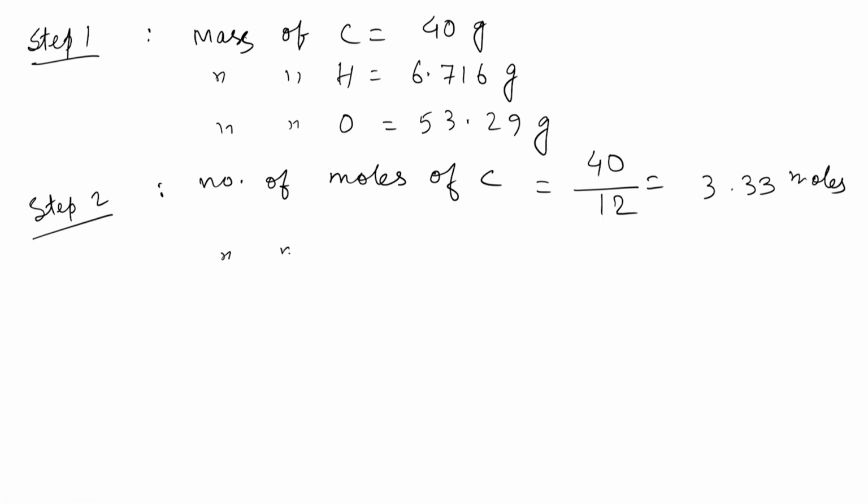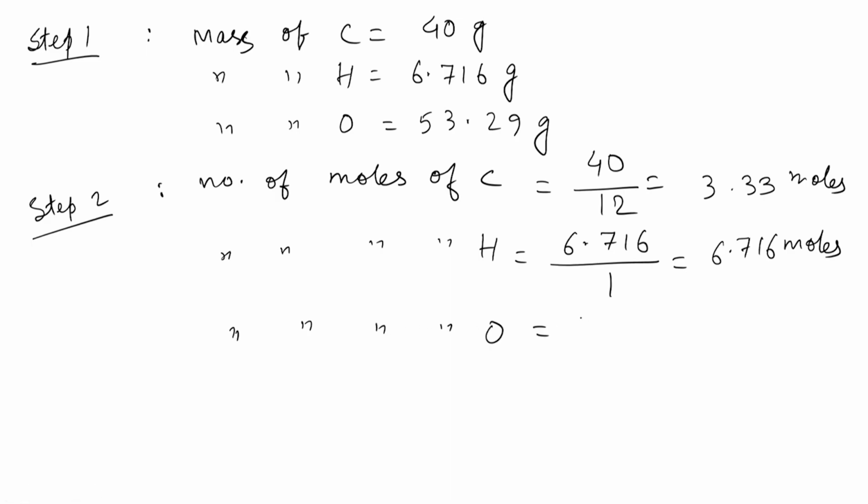Then number of moles of hydrogen, 6.716 divided by 1. So this comes as 6.716 moles. Now number of moles of oxygen is equal to 53.29 divided by 16. So this comes as 3.33 moles.